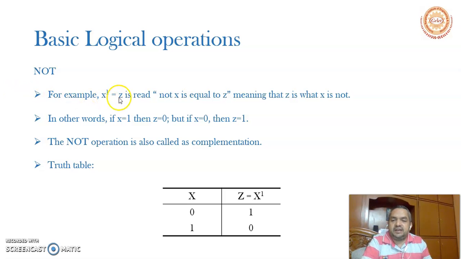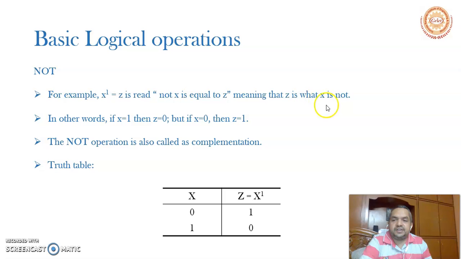Then x complement equal to z is read as NOT of x is equal to z, meaning z is equal to what x is not. In other words, if x is equal to 1, then z is equal to 0, but if x is equal to 0, then z is equal to 1. The NOT operation is also called complementation. In the truth table, whatever input I give, the output will be the inversion of the input. This type of operation is called a NOT operation.